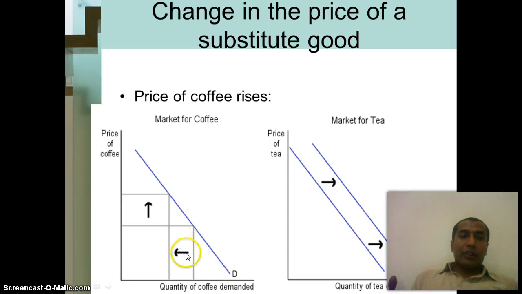The people who are not buying coffee now due to the increase in price will be willing to buy more tea. So demand for tea will increase, and we know that when demand for tea increases, the demand curve moves right upwards. So this original demand curve will move to D dash.